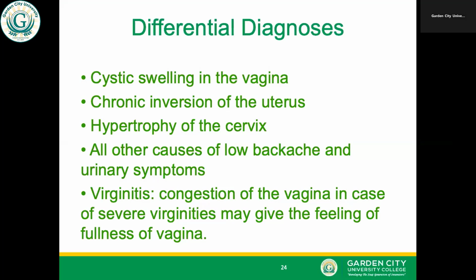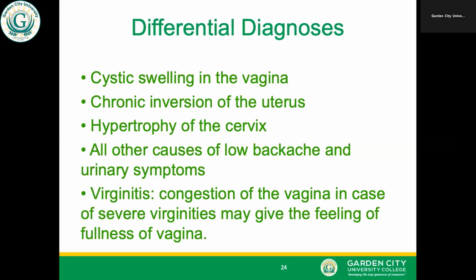Then you also have chronic inversion of the uterus. It can be an inverted uterus, but because maybe you didn't do your examination well, you misdiagnose it as uterine prolapse. Then you also have hypertrophy of the cervix, where the cervix has increased in size, but because you didn't check well, you might think that it has descended into the vagina.